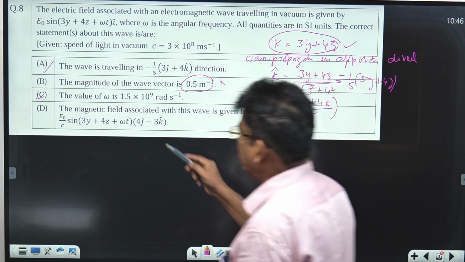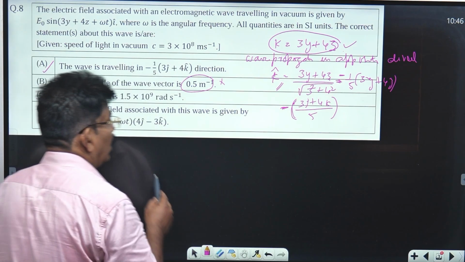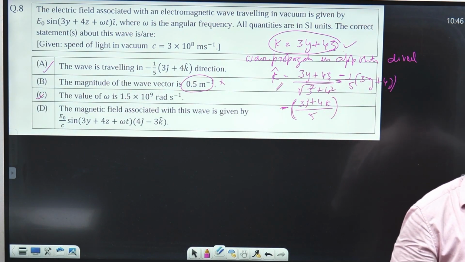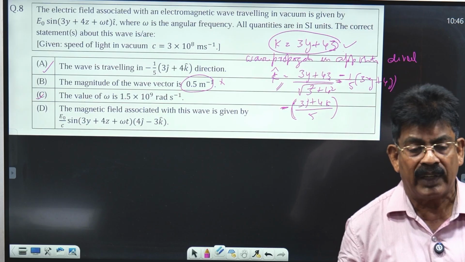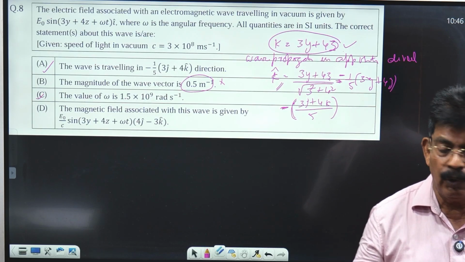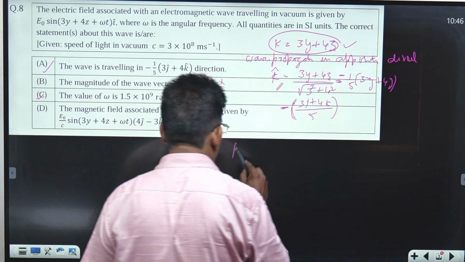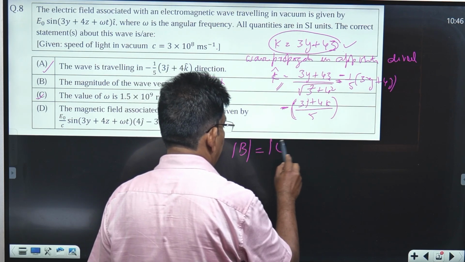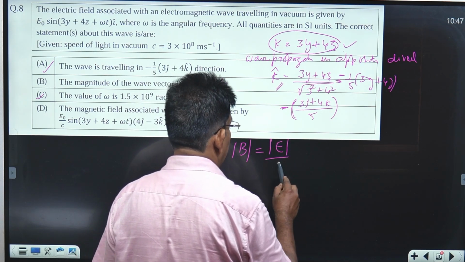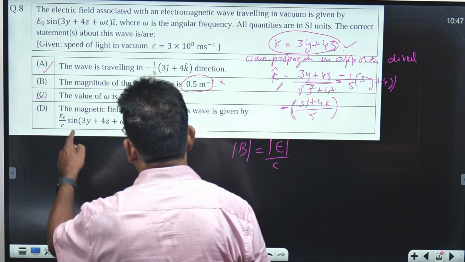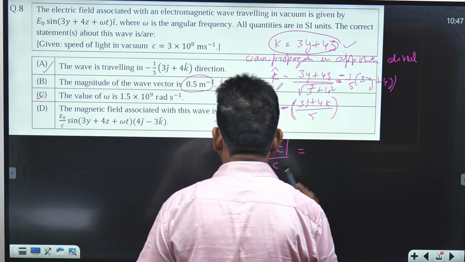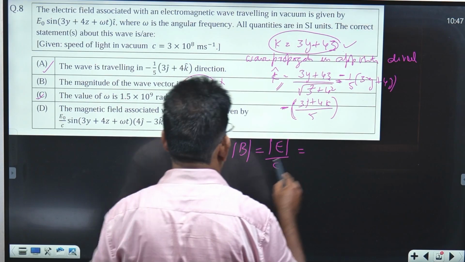Similarly, we can indicate the magnetic field vector by the magnitude of magnetic field into the unit vector in the direction of propagation. Let us first get the magnitude of the magnetic field. The magnitude of magnetic field is equal to the magnitude of electric field divided by c, where c is the speed of light. Here we are putting it in terms of c only, not in terms of 3 into 10 to the power of 8. And what is the magnitude of electric field?